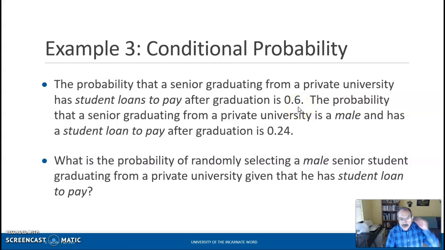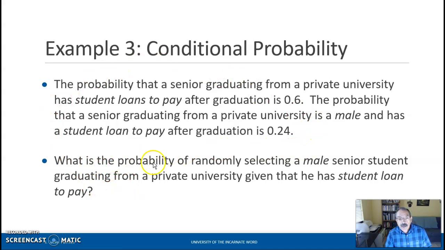The probability that a senior graduating from a private university is a male and has a student loan to pay after graduation is 0.24. The question is, what is the probability of randomly selecting a male senior student graduating from a private university given that he has a student loan to pay?